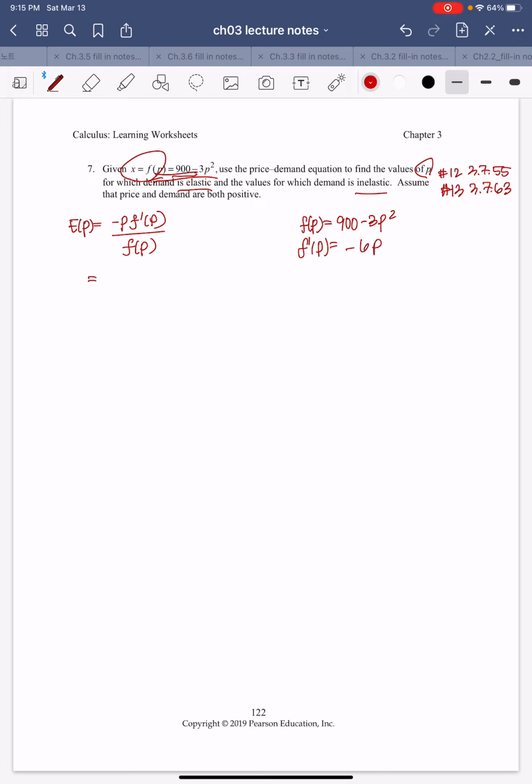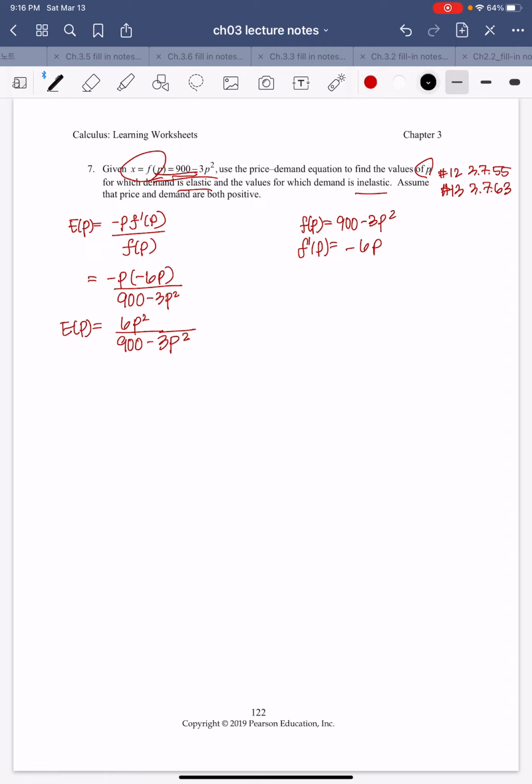We have negative p times negative 6p divided by 900 minus 3p squared. So my elasticity function is 6p squared divided by 900 minus 3p squared.